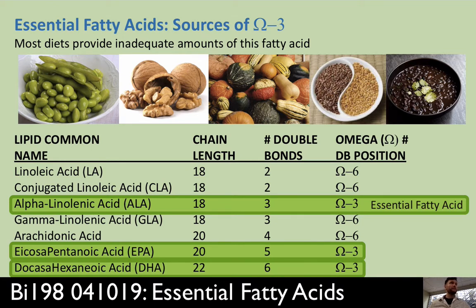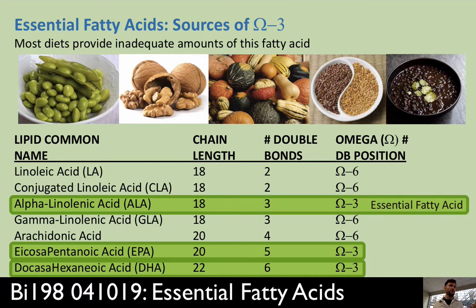One of the absolute best sources of omega-3 fatty acids are small, what I would call ancestral seeds. So seeds that have been part of the human diet since prehistoric times, very, very long times. And these include flax seeds, chia seeds, hemp seeds. All 3 of those are really high in ALA.